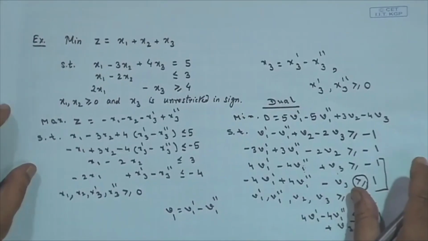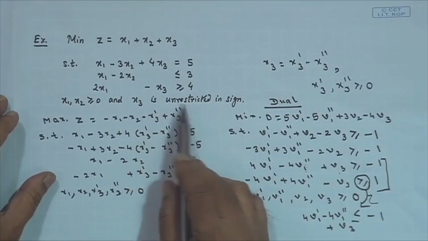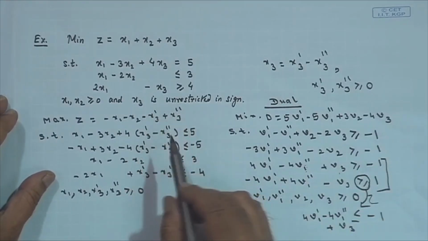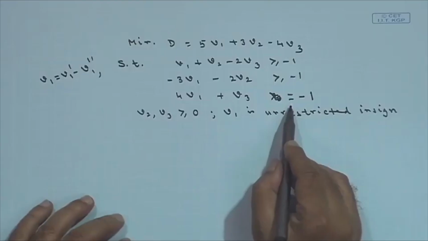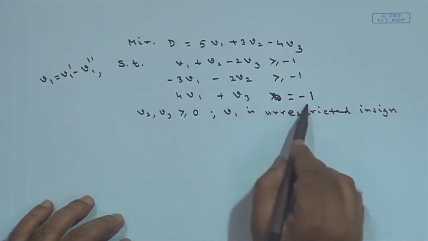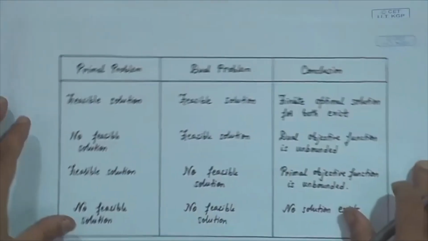Similarly, if one variable is unrestricted in sign in the original problem, then in the dual problem there will be one equality type constraint, which is true from here. I hope now you have understood how to convert an original or primal LPP into the corresponding dual problem. Now, let us see the other one.